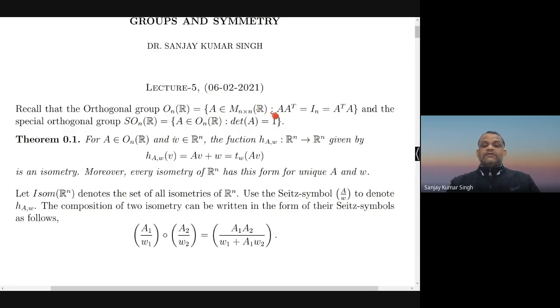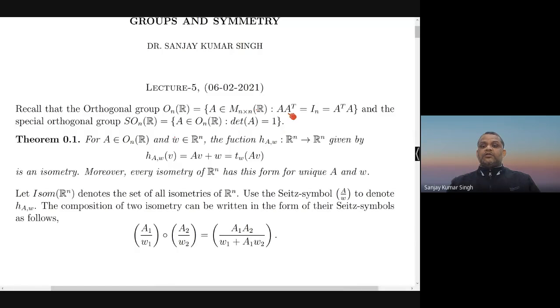In this case, we know that A transpose is actually the inverse of the matrix A. So orthogonal matrices are invertible matrices with more property. And inside the orthogonal group, I can define the special orthogonal group, which consists of all those matrices inside O_n such that the determinant of the matrix is 1.